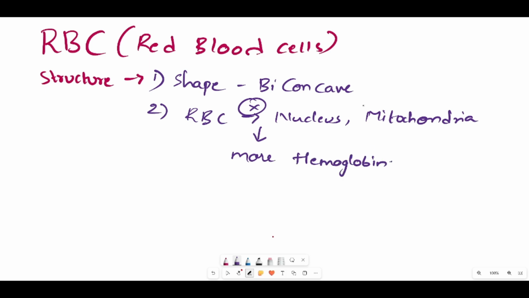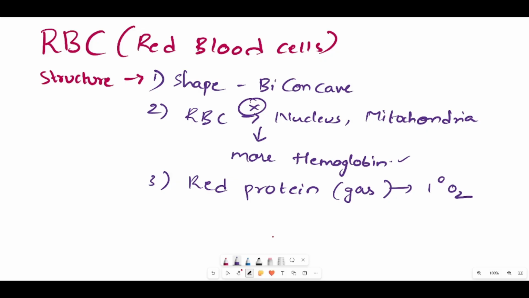So when there is no nucleus and mitochondria, it will have a larger space so that more hemoglobin can be present. This contains one red protein, and this red protein is mainly useful for transportation of gas. That means it will be primarily transporting the oxygen and also some carbon dioxide can be removed from the body.